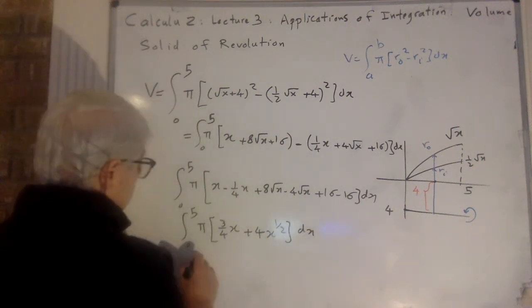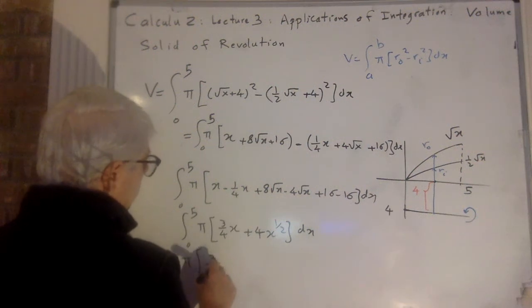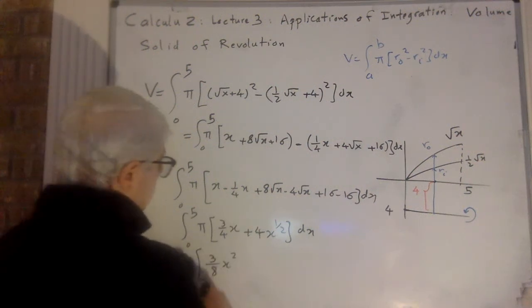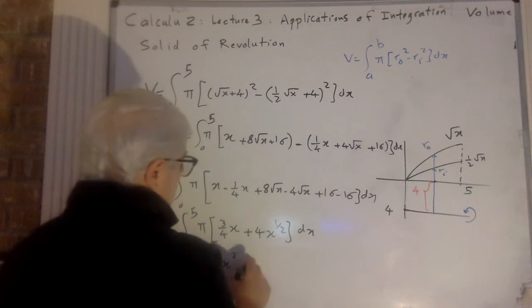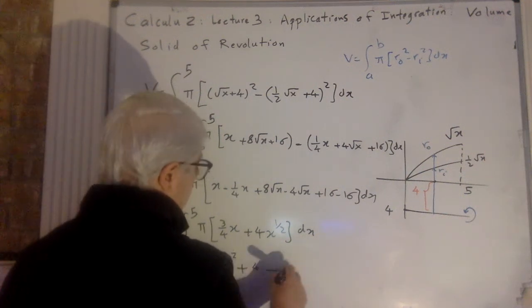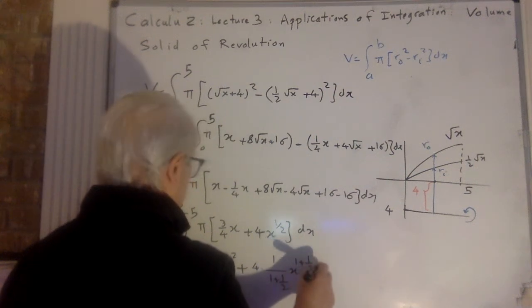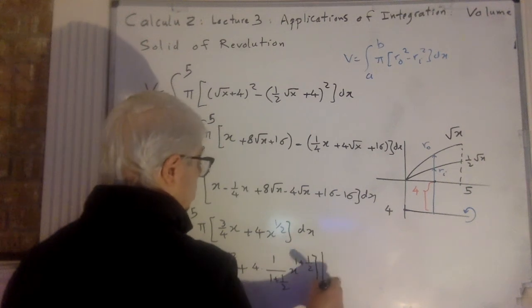So it is pi outside, that is 3/8 x squared plus 4 times 1/(1 plus 1/2) x to the power 1 plus 1/2, and this goes from 0 to 5.